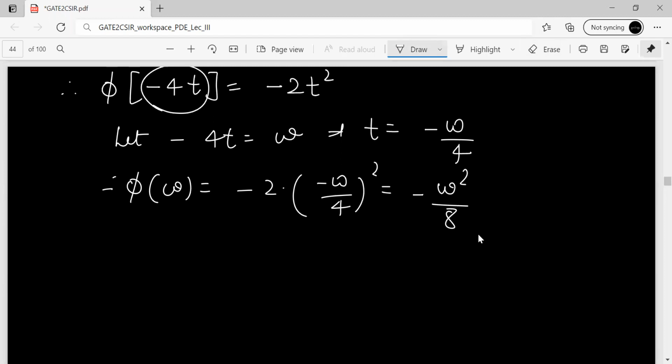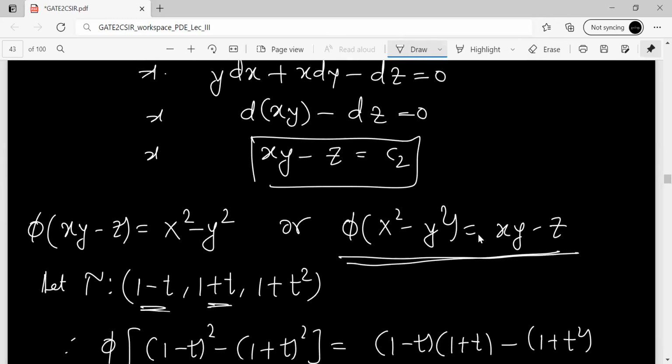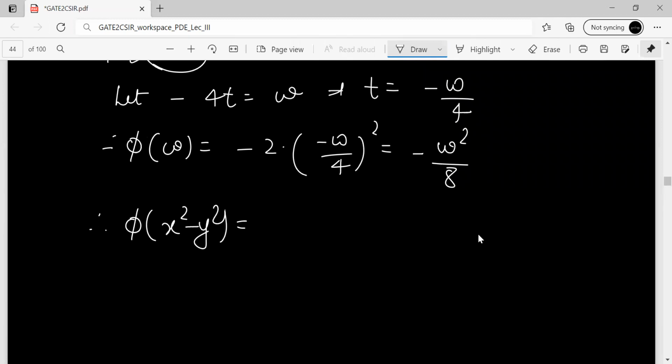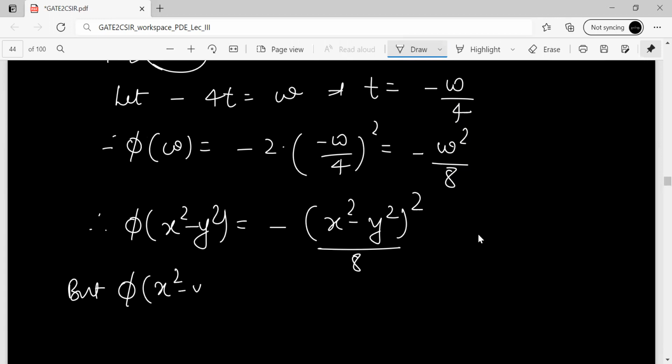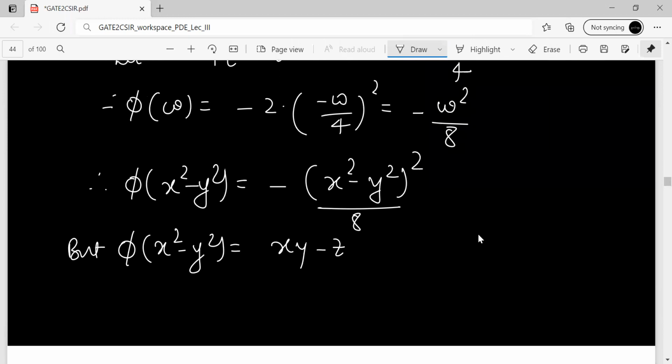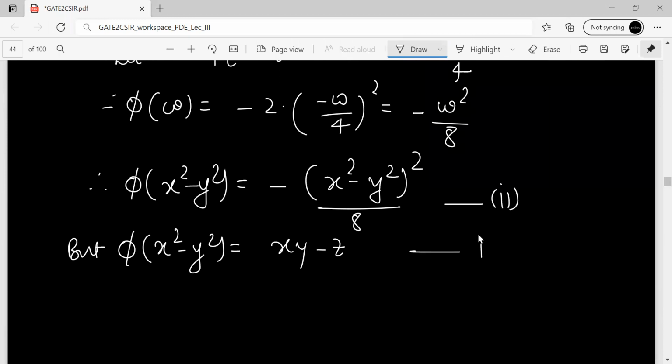So therefore, phi of, instead of omega, I'll put x square minus y square, because I need to find out what x square minus y square is so that I can equate these two surfaces. So phi of x square minus y square from here will give me minus x square minus y square whole square upon 8. But I also know that phi of x square minus y square is xy minus z. So this is your equation 2 and this is equation 3.